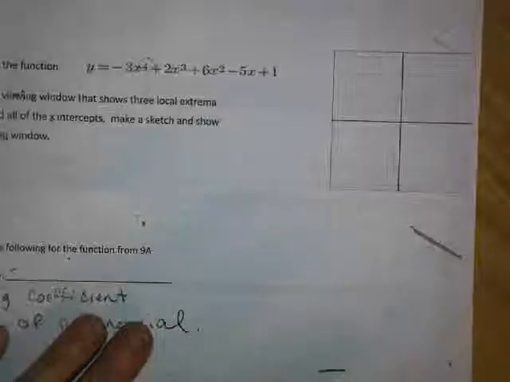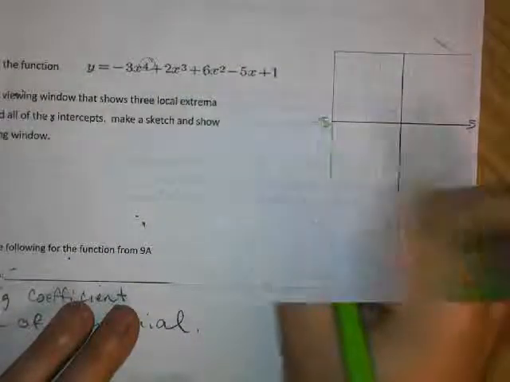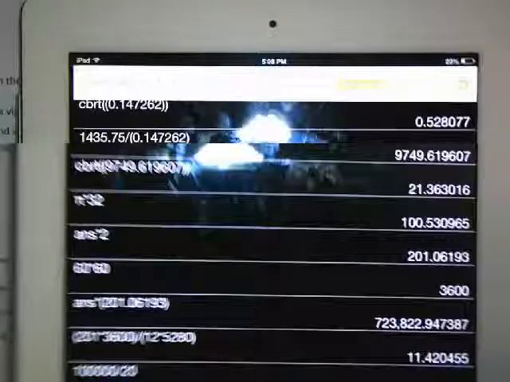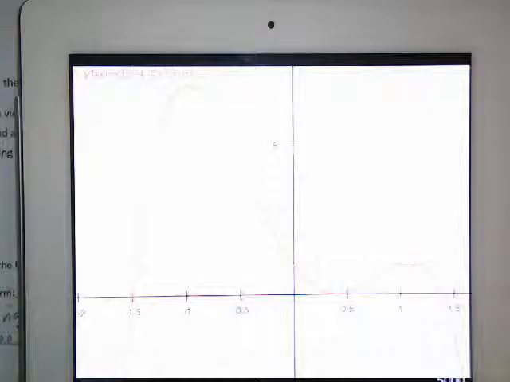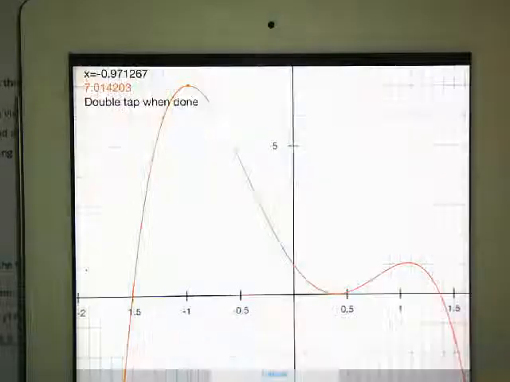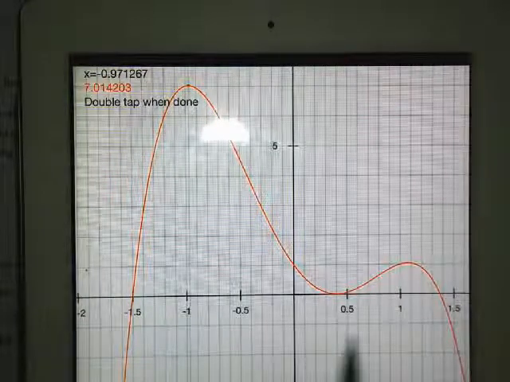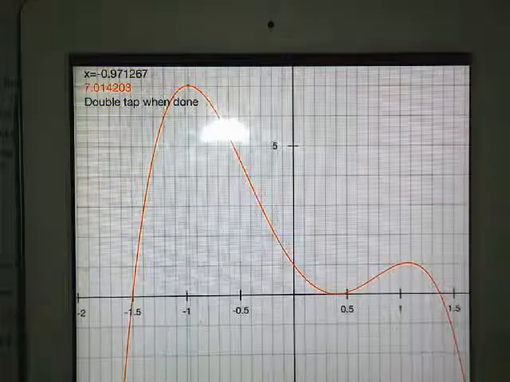So let's sketch this. Let's see if I can do a good job sketching this. So if I just go to like positive 5 and negative 5 here, and then I think, what was my maximum y here? 7. So I need to go 10 up, and then I don't need to go very far down, just to like negative 1.